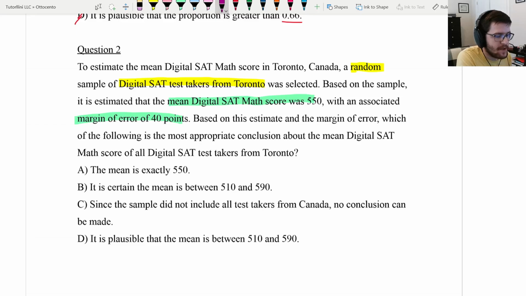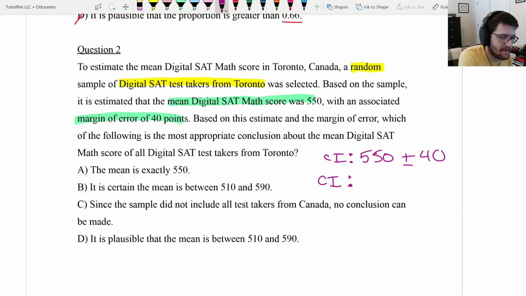Okay, so we are once again going to do our mean or point estimate, 550, plus or minus the margin of error, 40, and that should give us 510 to 590, which I think is right.